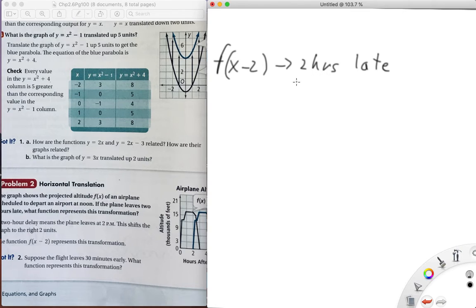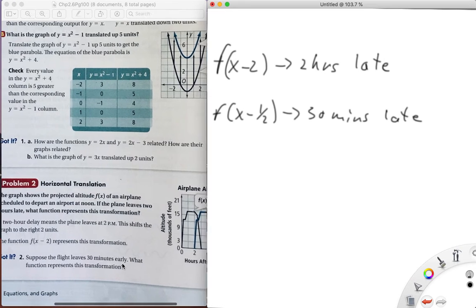Or 30 minutes late. So 30 minutes is half of an hour, so it would be x minus 1/2, which would be 30 minutes late. It's a silly question. What function represents the transformation? It's a horizontal shift, and it's going to be a horizontal shift to the right by 1/2.